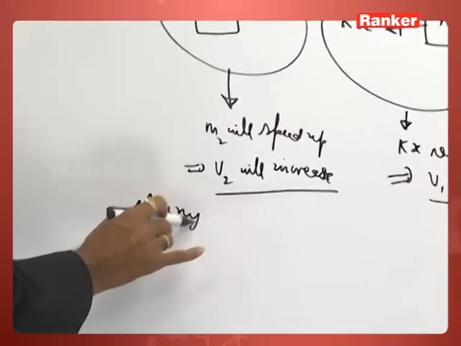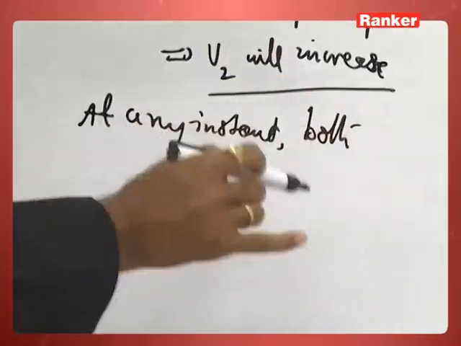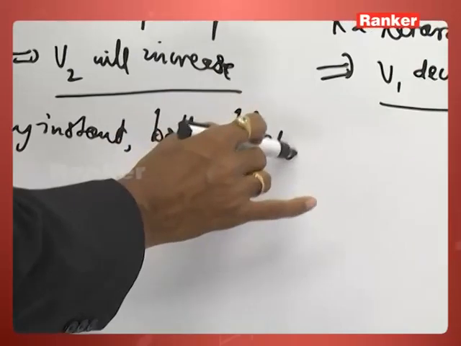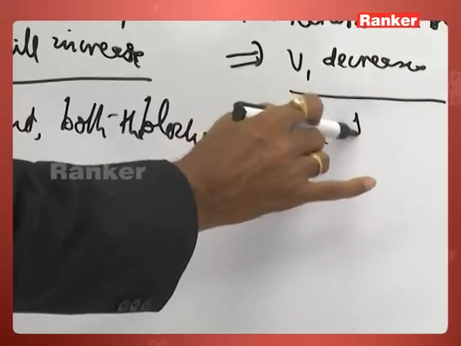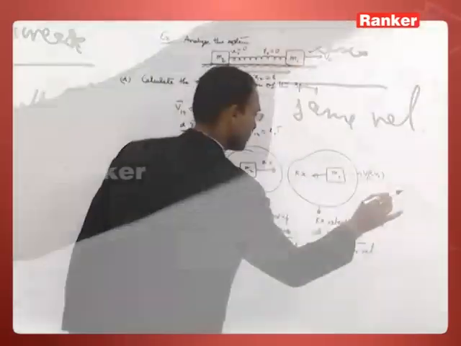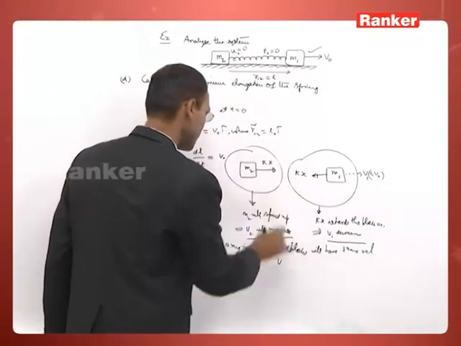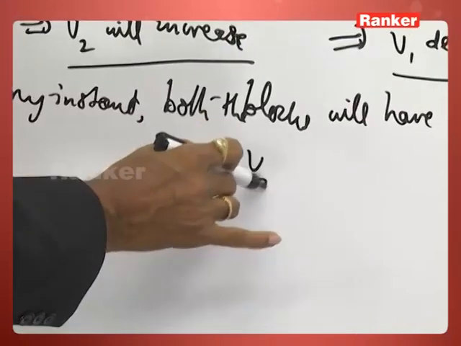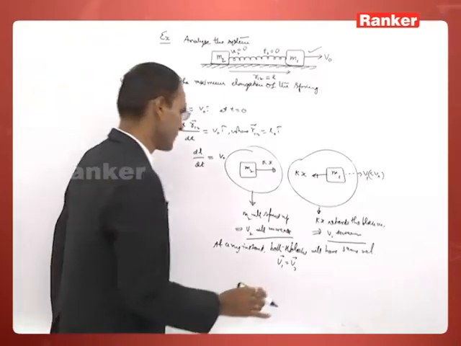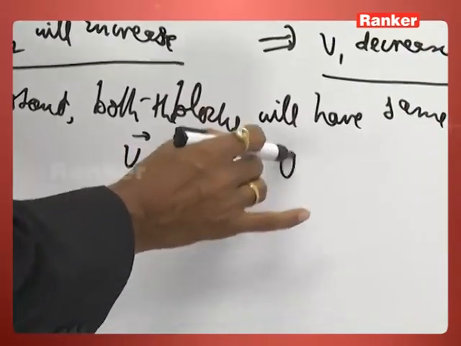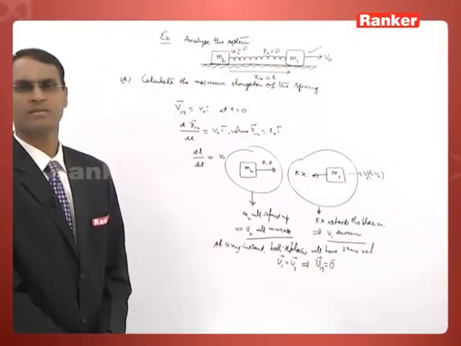At any instant, both the blocks will have the same velocity. V1 decreases, V2 increases, time will come, both the velocities will be exactly equal. Or you can say that the relative velocity between these two blocks will be 0 at that instant.